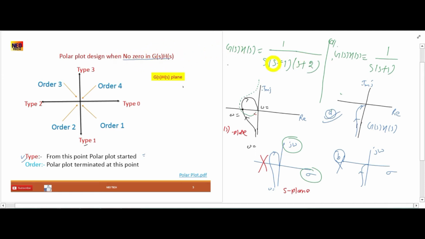Like if there is a 0 in GSHS, like S plus 2 in the numerator, then this trick is not applicable. Only if there is no 0, then this trick is applicable.